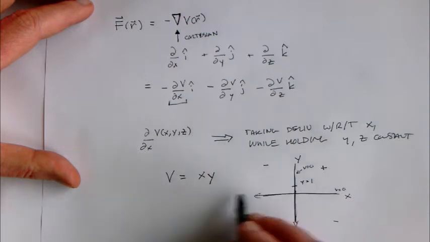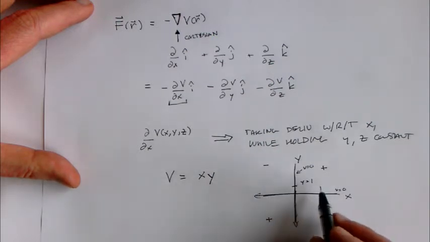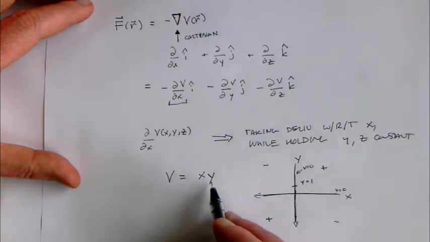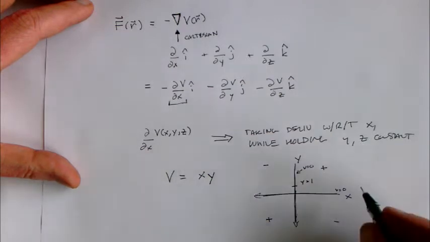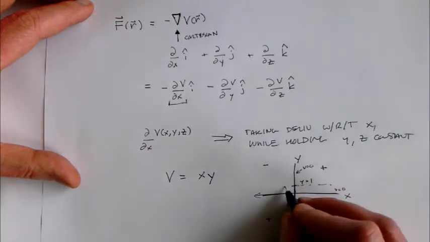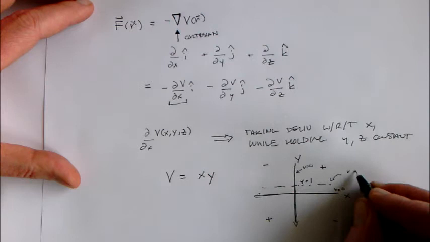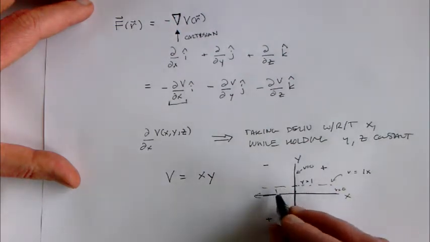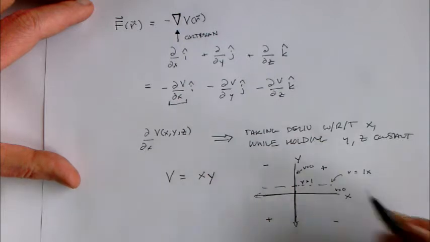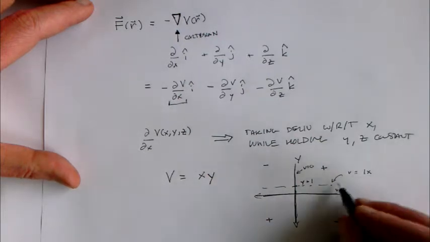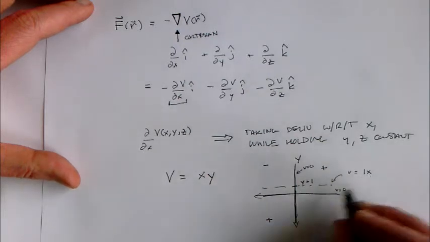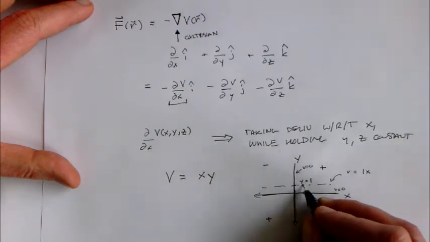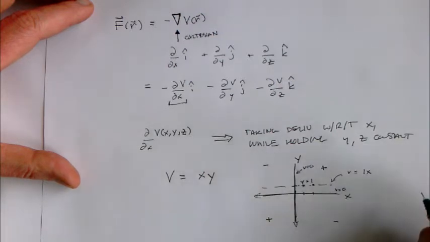If I were to think about what v looks like along the line y equal to 1, well, along the line y equal to 1, it's just v is equal to 1 times x, right? So if I were to actually think about what v looks like here, it's just going to be a straight line that increases linearly. So at x equals 1, it'll be 1. At x equals 2, it'll be 2, and so on.